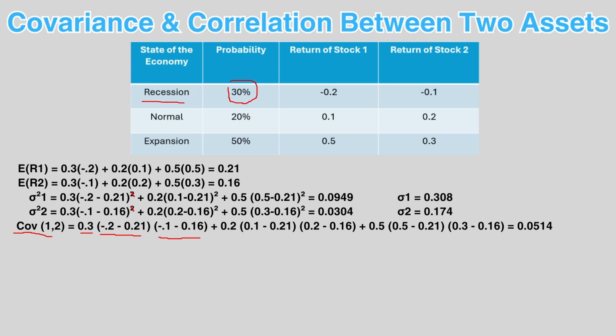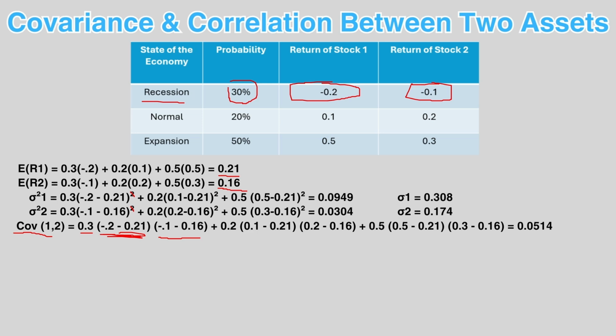And then this negative 0.2 minus 0.21 comes from the return of stock 1 in the recessionary state minus the expected return of stock 1. So the same logic we applied when we calculated the variance of stock 1, and the same thing for stock 2, the negative 0.1, which is the return of stock 2 in the recessionary state, minus the expected return of stock 2, which is 0.16. And we're going to do that for each state of the economy. So we're going to add that.